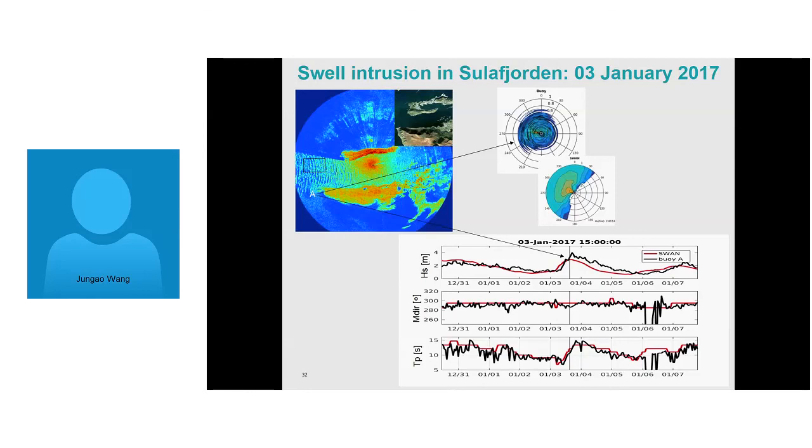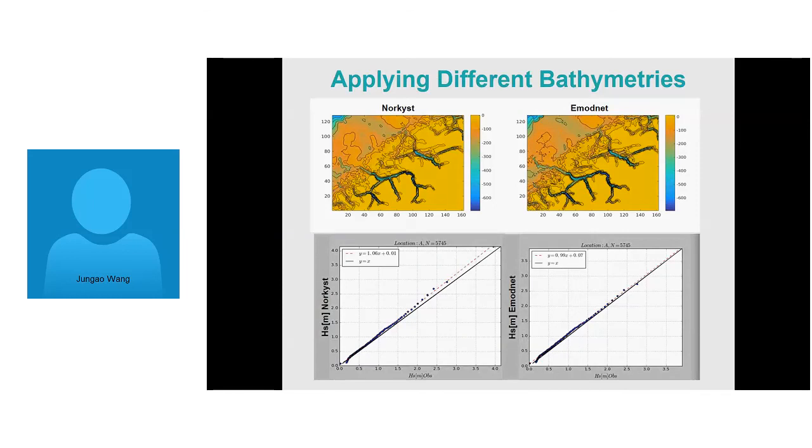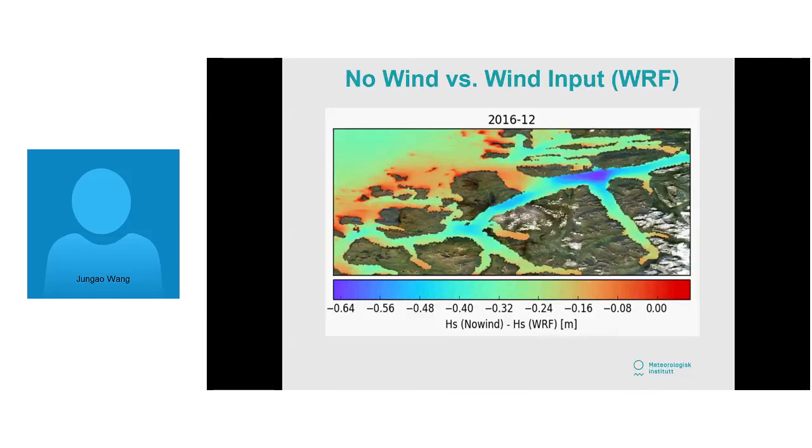Maybe I can also ask something about the wind input you have, because in one of your slides you compare with and without the wind. The main difference is further into the fjord, in the right part of your figure. But is your wind input on the west and north boundaries?